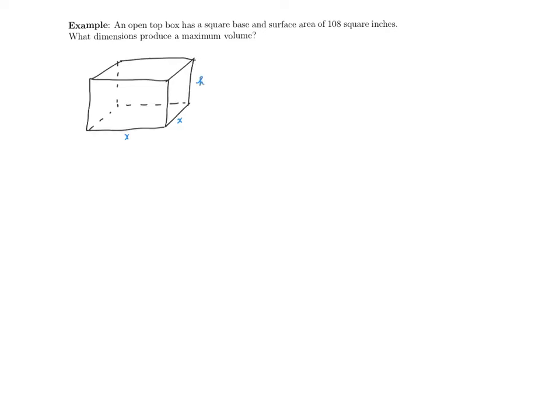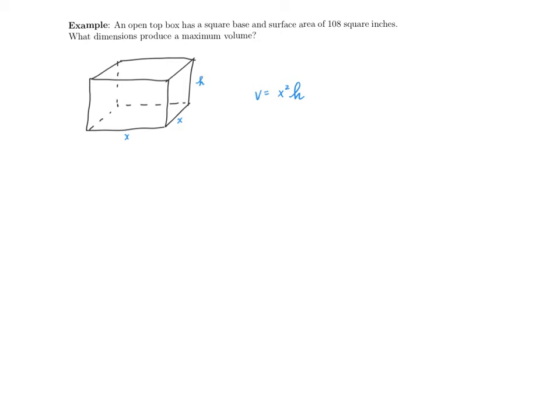And then it's going to have some height, let's call it h, associated with it. And the quantity that we want to maximize is the volume. What dimensions produce a maximum volume? So the volume of this box is length times width times height.